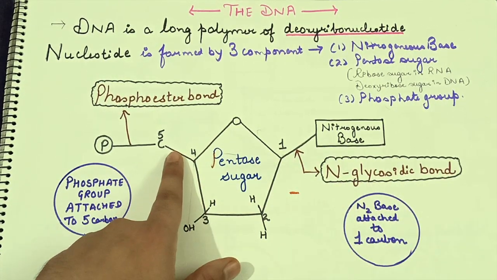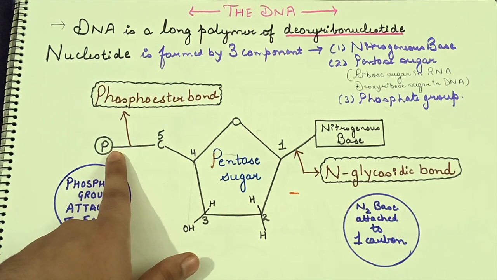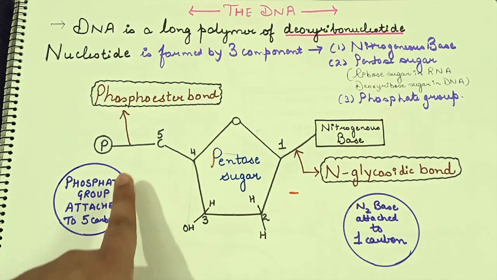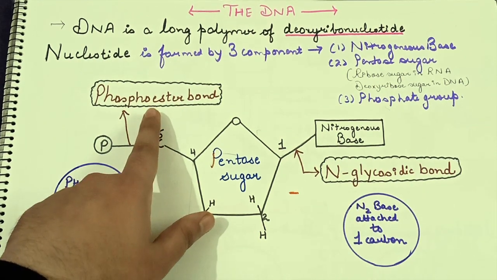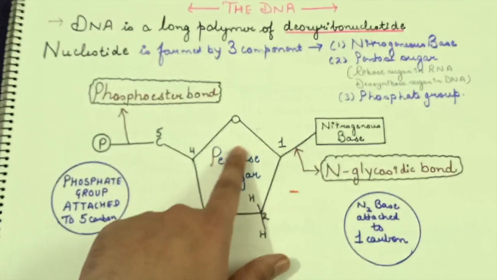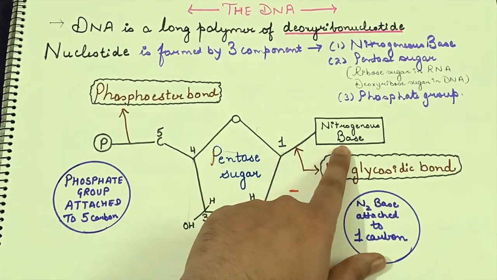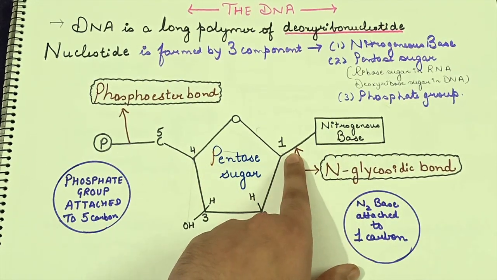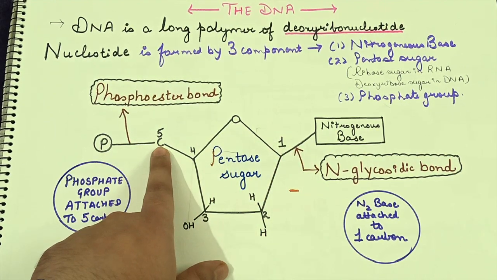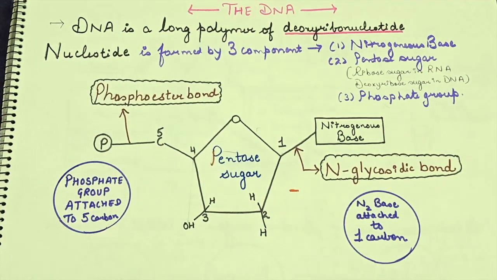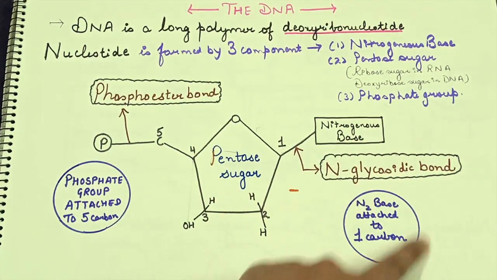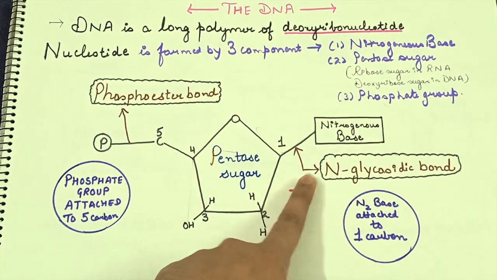On carbon 5th is present a phosphate group. So phosphate group is attached at carbon 5th and this is linked by a phosphoester bond. As you can see here, there is a pentose sugar, there is a nitrogenous base linked at carbon 1 and there is a phosphate group at carbon 5. So this becomes a nucleotide. So a DNA is a long chain polymer of this nucleotide.